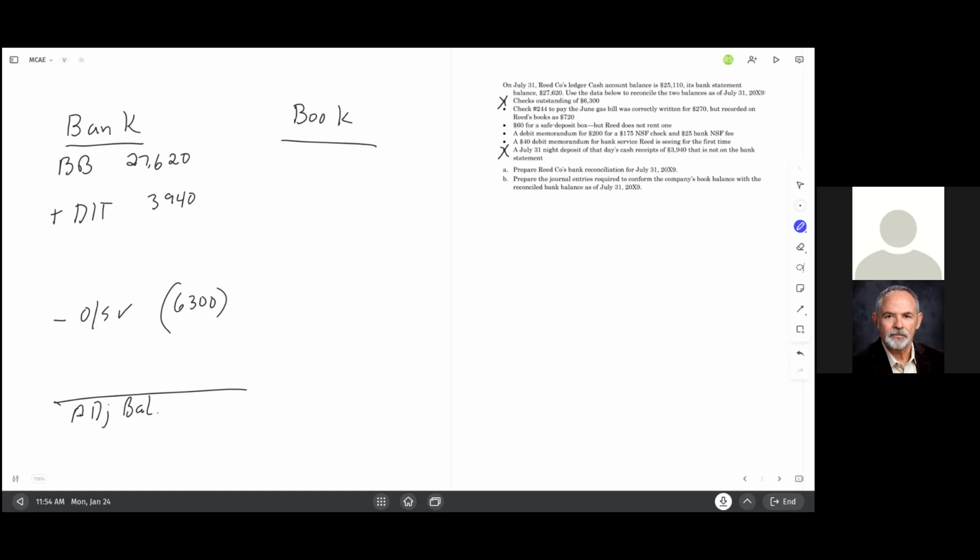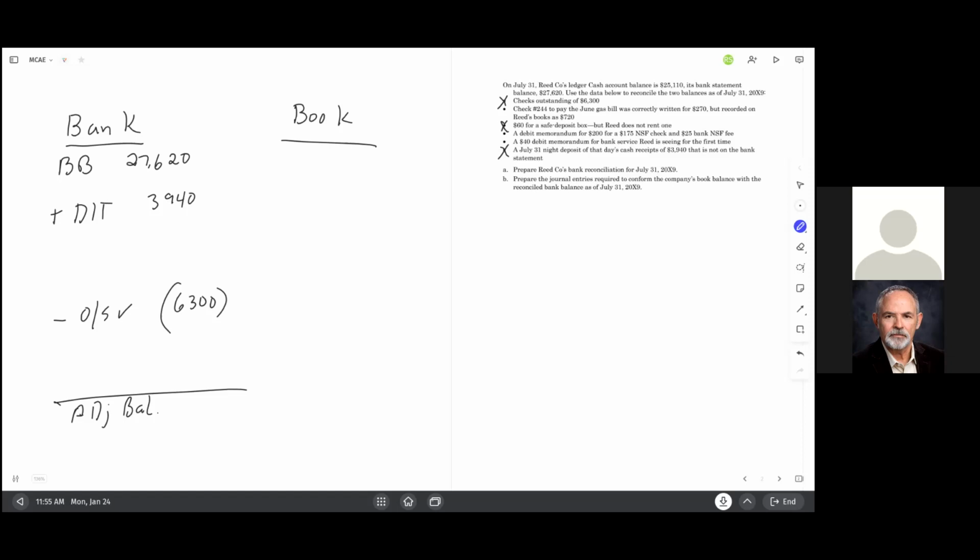Oh, look here, $60 safe deposit box, which would normally go on the book side as an adjustment to the book balance. But we're looking at this and we go, I don't even have a bank deposit box. So we're going to write that one off, and we're going to have to figure that out. So they took out a safe deposit box fee, which makes this balance lower than it should be.